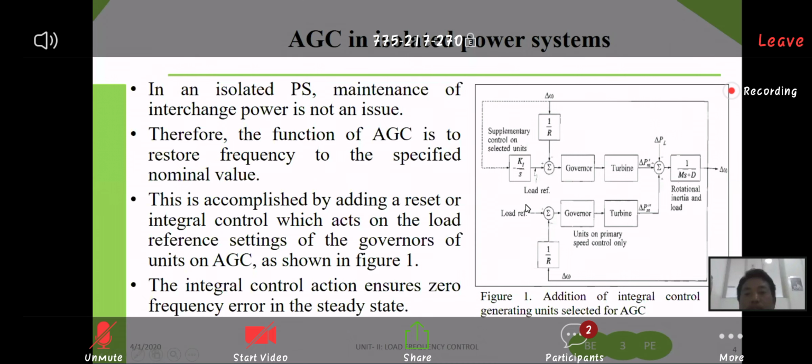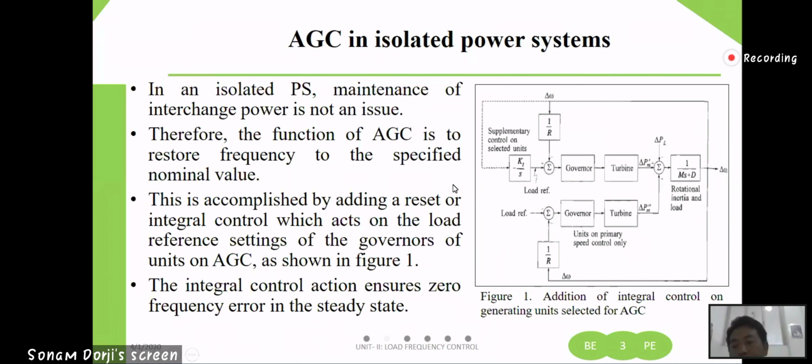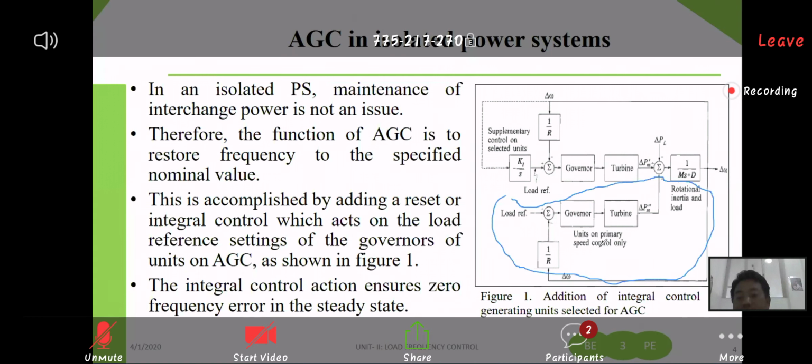I will explain with this diagram. First, see this part where I have circled. This is just the normal one which we learned in yesterday's lecture: a unit on primary speed control only, which means it employs only the speed governor. Let's assume that in this isolated power system there are two generating units. For example, in Bhutan, let's take Dagachu, where there are two units.